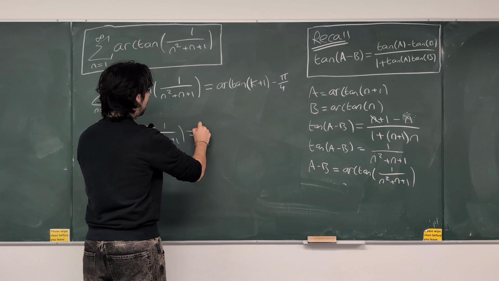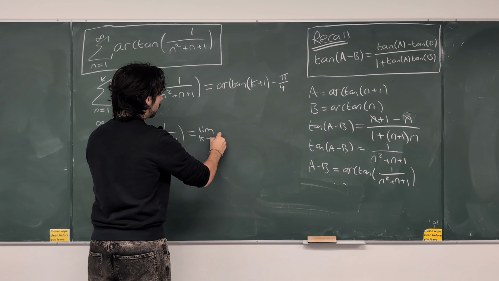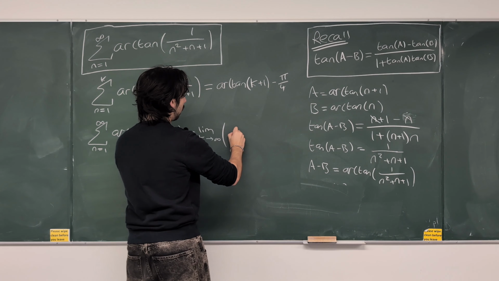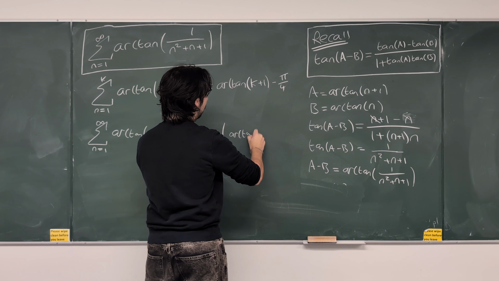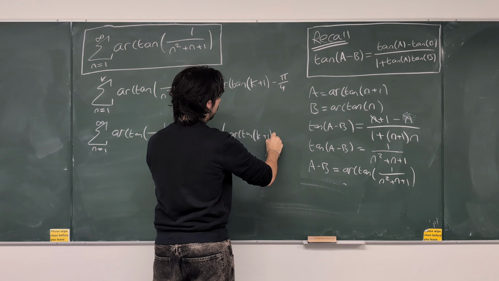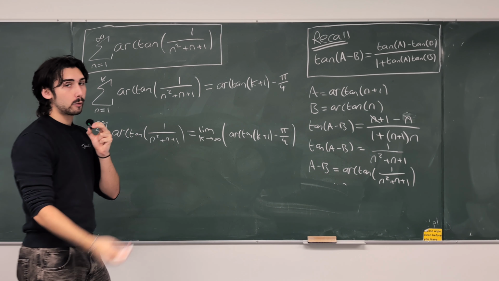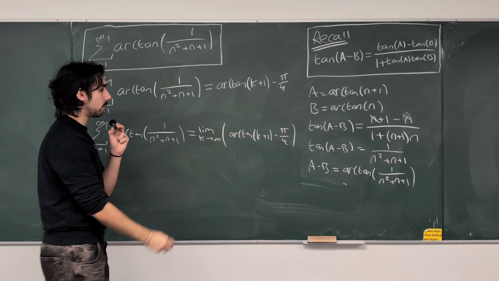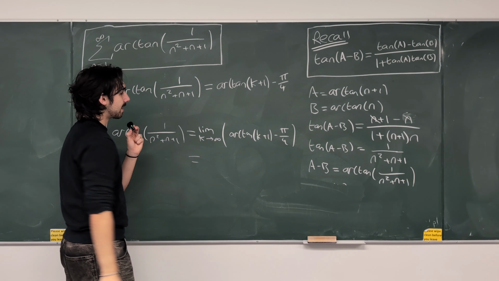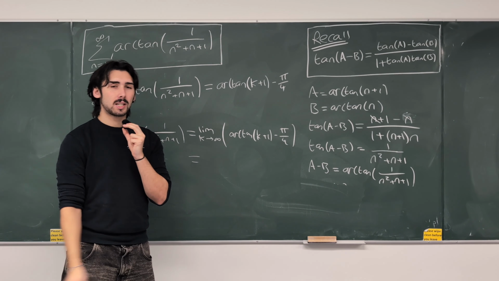So this is going to be the limit as k goes to infinity of arctan of k plus 1 minus pi over 4. And of course, pi over 4 is a constant, so we don't really need to worry too much about that. And what happens as k goes to infinity to arctan of k plus 1?